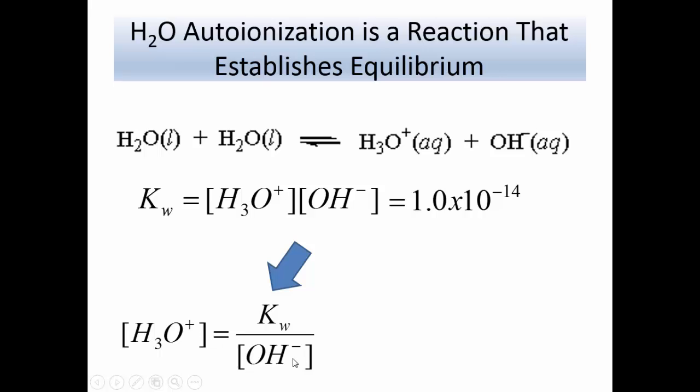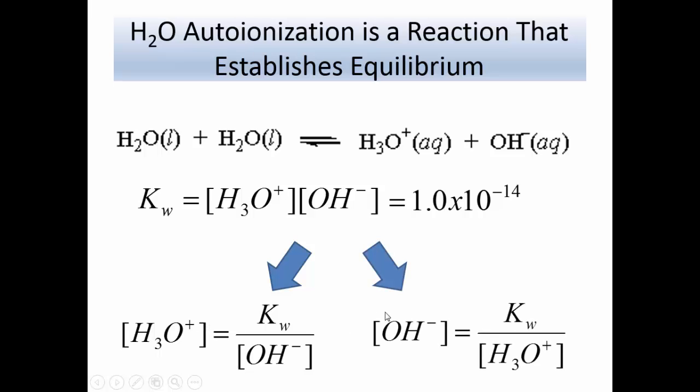If the hydroxide ion concentration goes up, the hydronium concentration must go down. And this goes both ways. If you have a specified concentration of hydronium ions, then you can calculate the hydroxide ion concentration from that. So if you know one ion concentration, you can calculate the other one. It's totally specified by this equilibrium relationship.